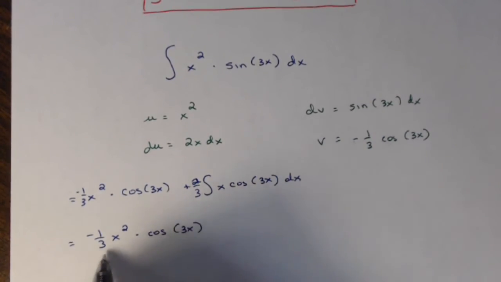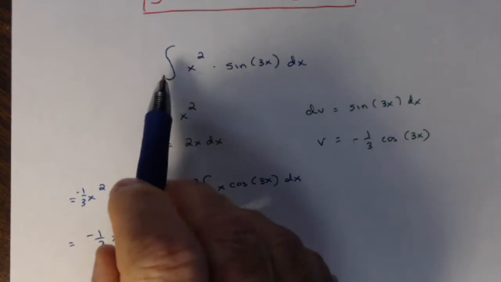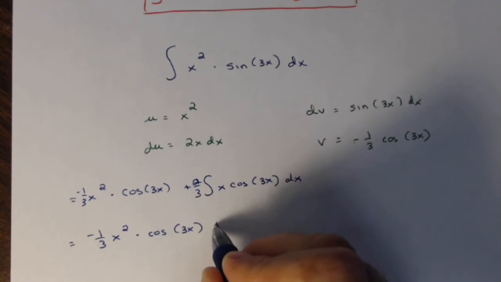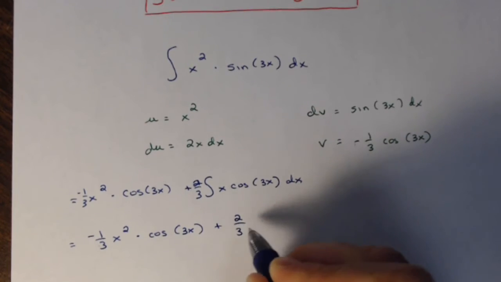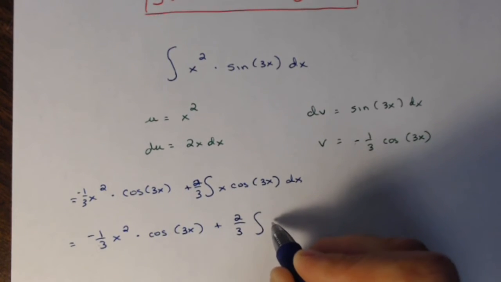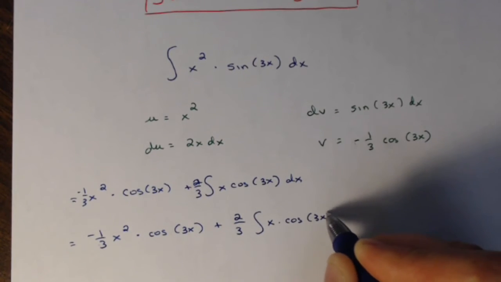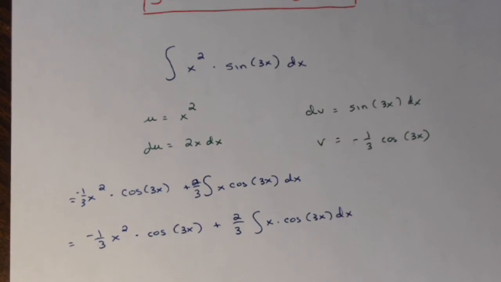So that part's okay because we've been asked to evaluate an integral, and this is a non-integral expression here. But notice what's happening next here. We have plus 2/3 the integral of x times the cosine of 3x dx.